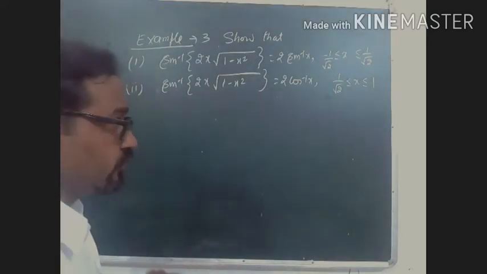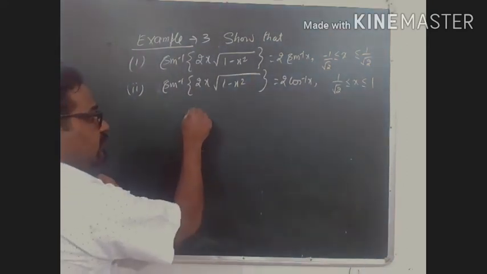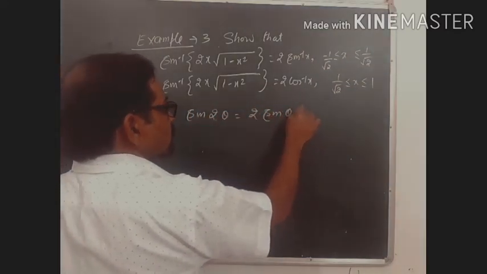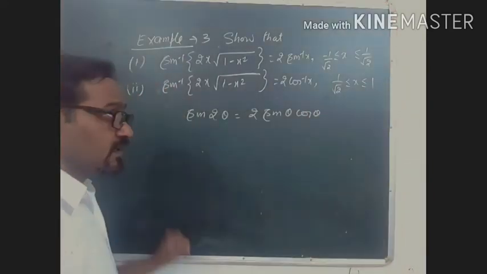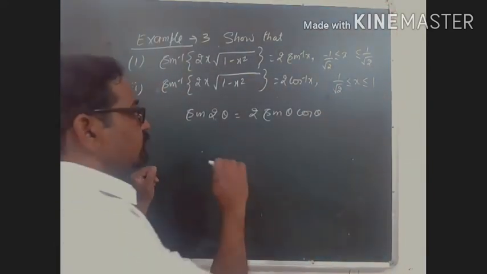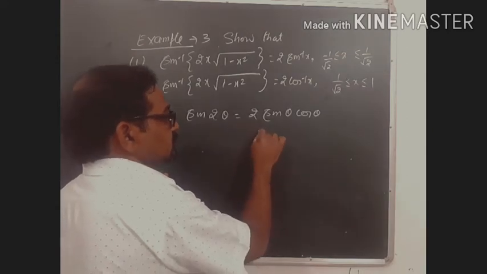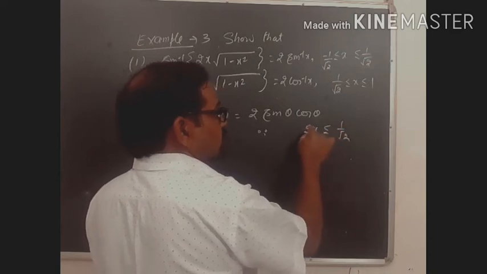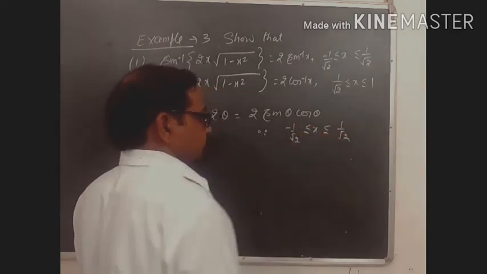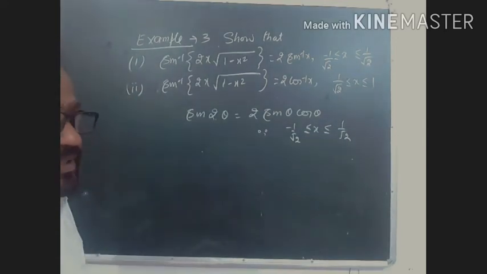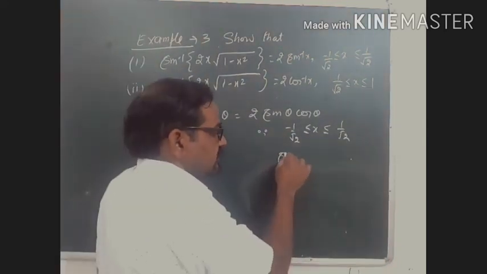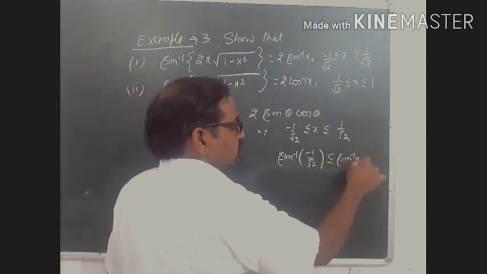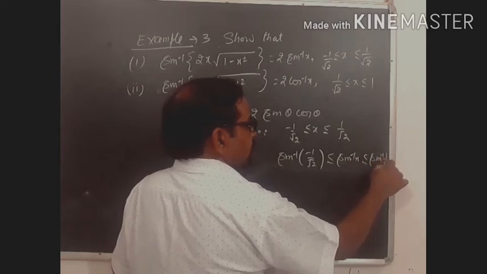For this we know that sin 2 theta equals 2 sin theta cos theta. For the first part, since x is lying between minus 1 by root 2 and 1 by root 2, therefore sin inverse of minus 1 by root 2 is less than or equal to sin inverse x, which is less than or equal to sin inverse 1 by root 2.